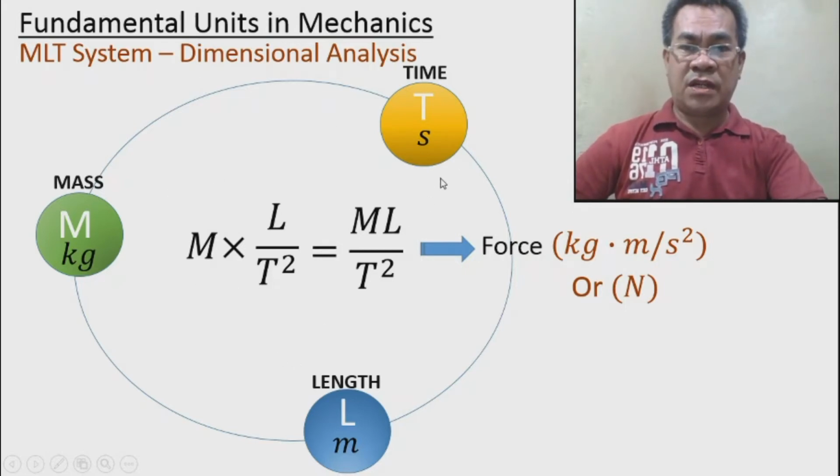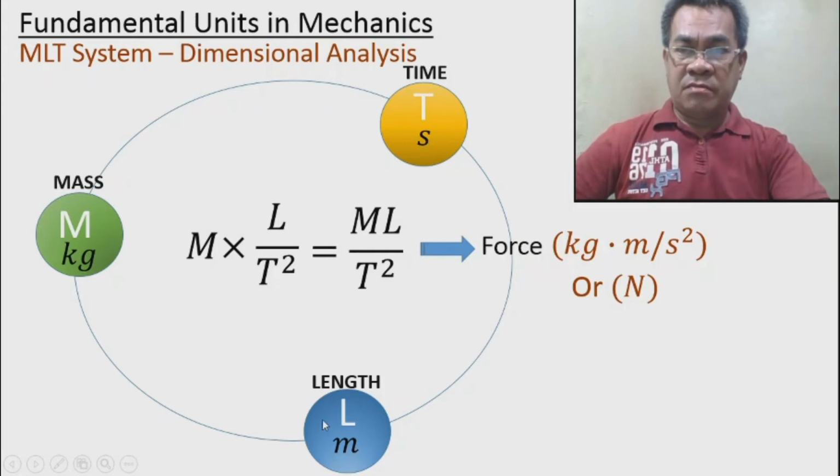For example, if I raise this L 2 times, the result L squared is area, and L cubed is volume. If you divide the mass over volume, it should be kilogram, it should be m over L cubed.